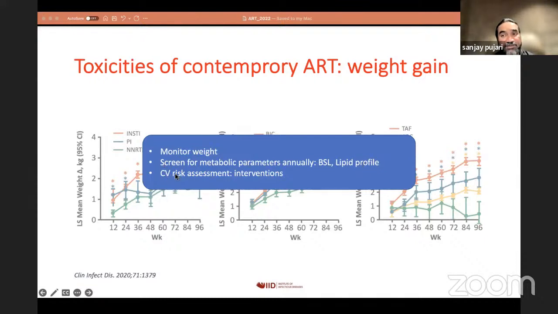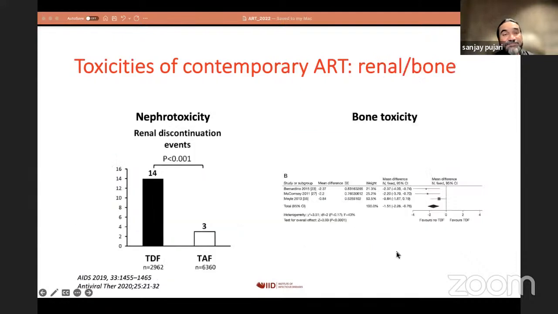And based on that, we need to calculate CV risk assessment and design interventions as we would do in our normal population. So it's very important to consider statins, manage antihypertensives, and control the sugars of these patients because these patients are aging, in addition to having some toxicity associated with metabolic complications of these ARVs.